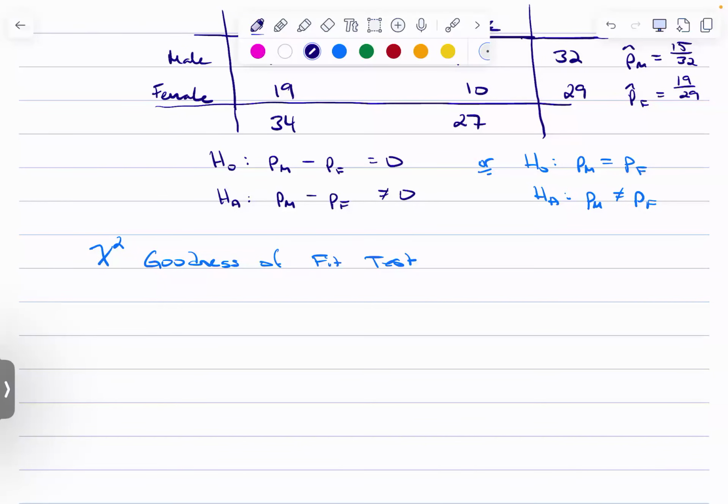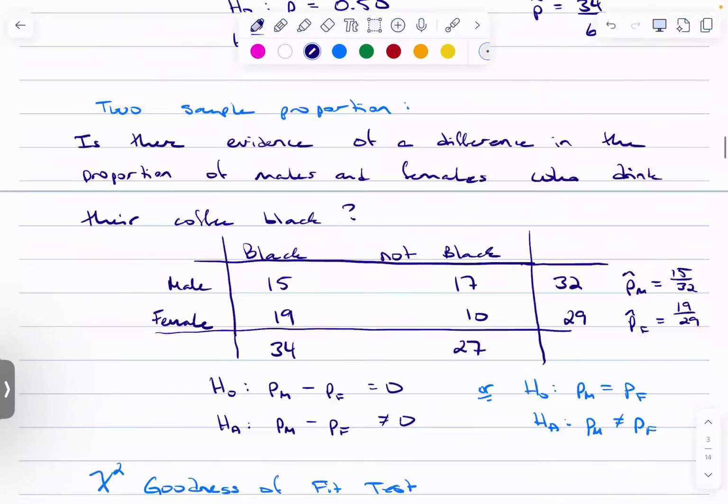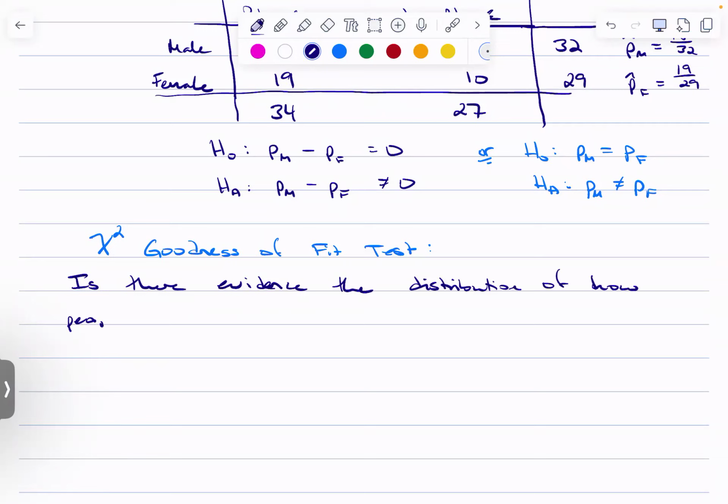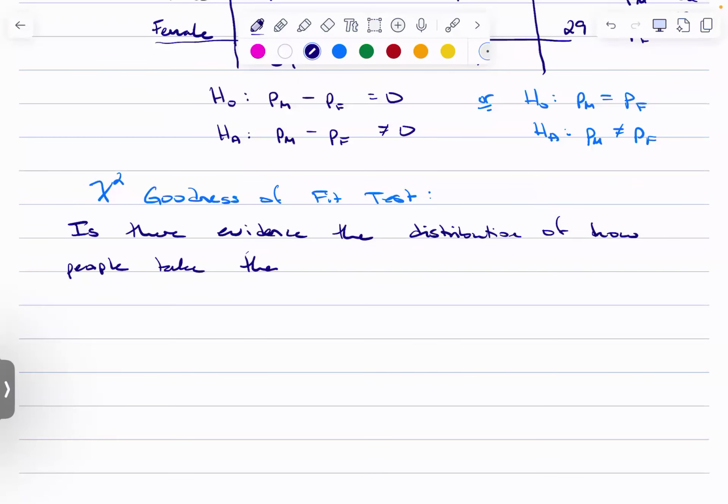And so we might say something like, is there evidence the distribution of how people take their coffee is evenly distributed?